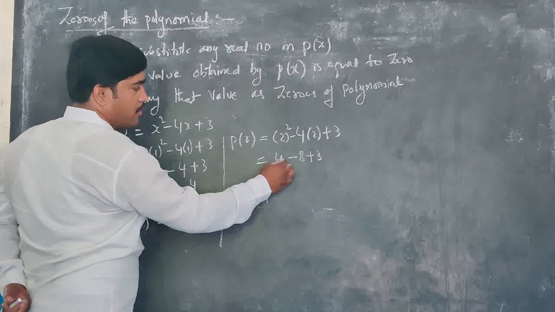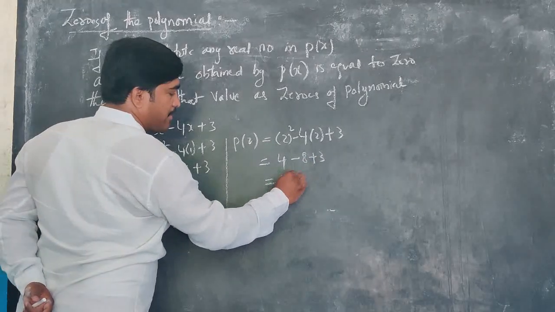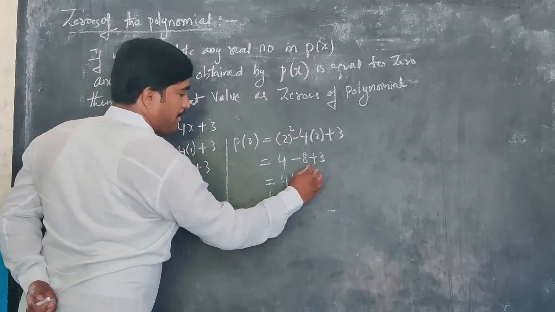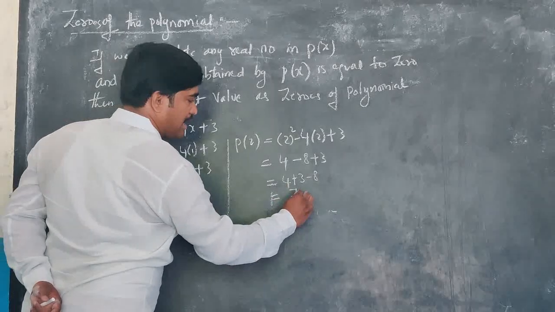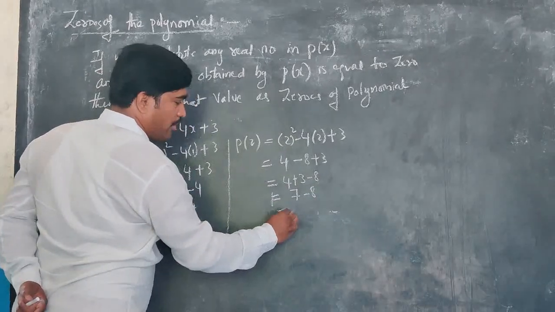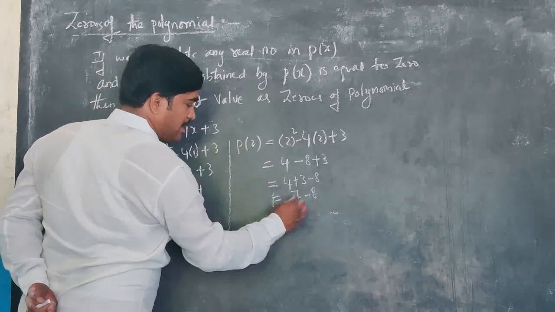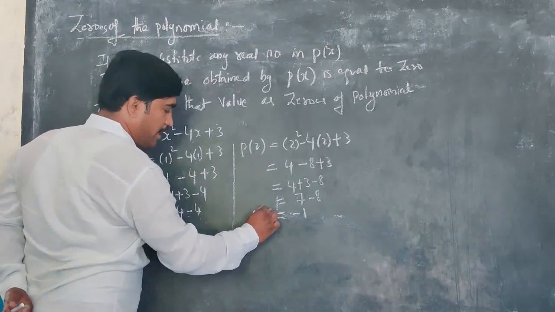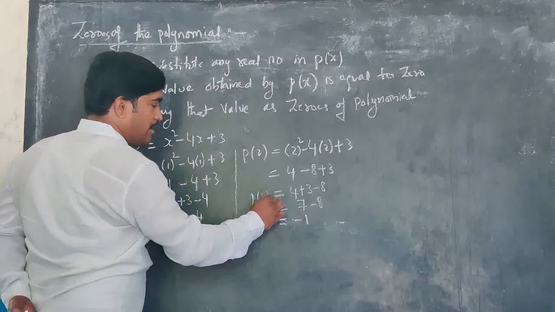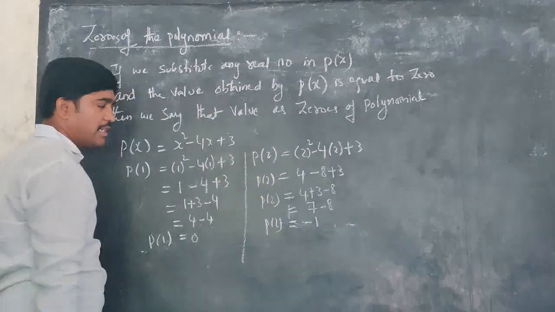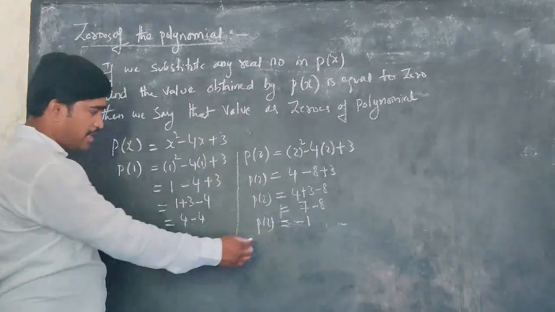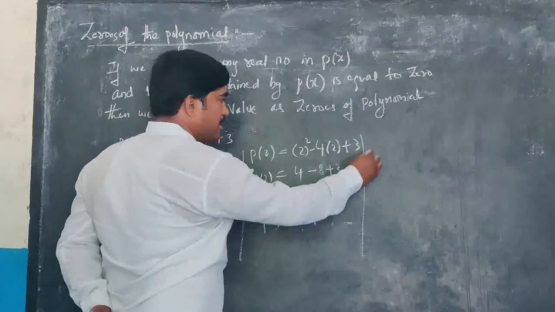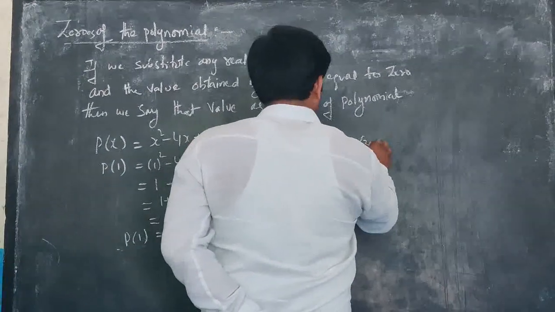Now I'll write the plus numbers together: 4 plus 3 is 7, minus 8. Now 8 minus 7 is 1, the big number sign is minus. So the value I got after substituting x as 2 is minus 1.